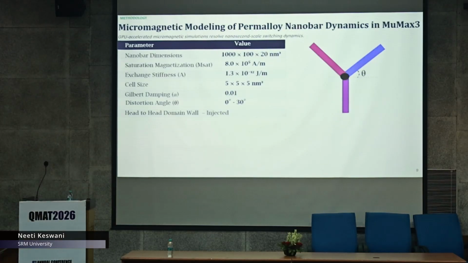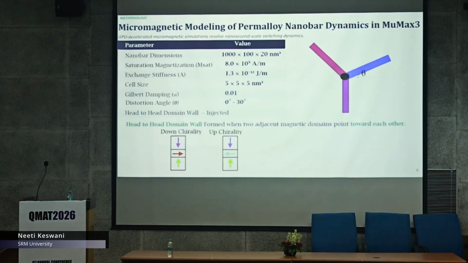What we have done is varied this angle theta. Varying this angle theta was the distortion, since this Y-shaped vertex is a symmetrical vertex, where everywhere the angle was 120 degrees. Now if we change the symmetry of the object, what is going to happen to the domain wall dynamics? Now we will insert a domain wall here, and I have defined two chiralities, down chirality and up chirality.